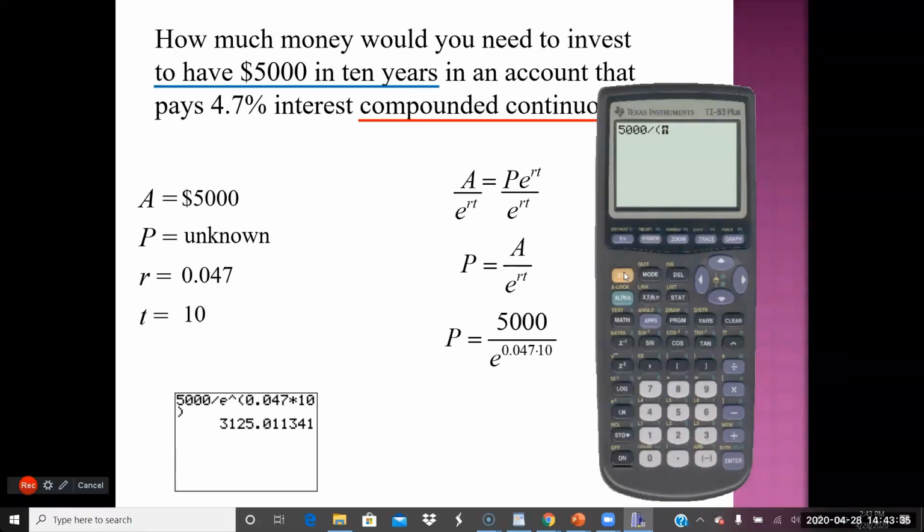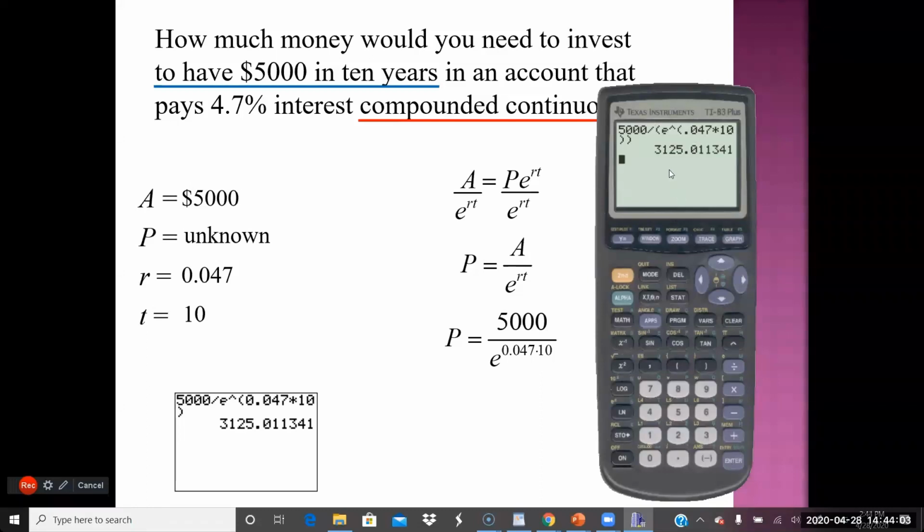So I press second and press this, which gives me e, and then 0.047 times 10. I need to have parentheses in twice. I guess I didn't really need the outer parentheses, but since I already started, I need to make sure I have a match. Then I press enter, and it's as simple as that.